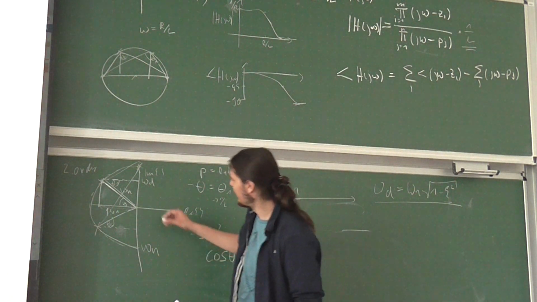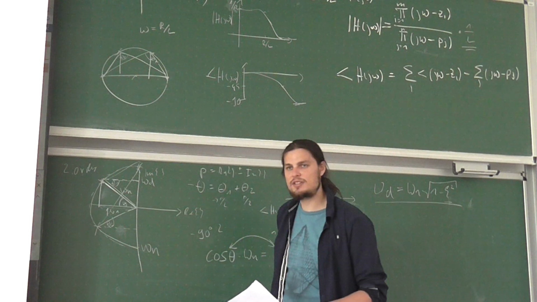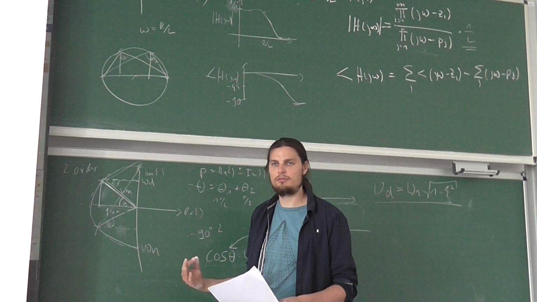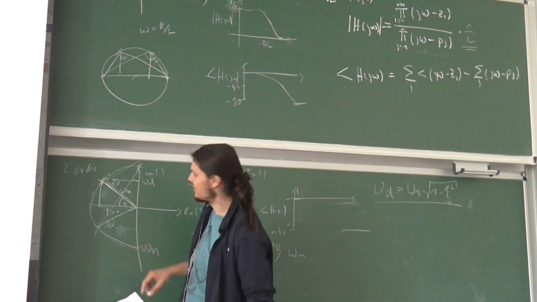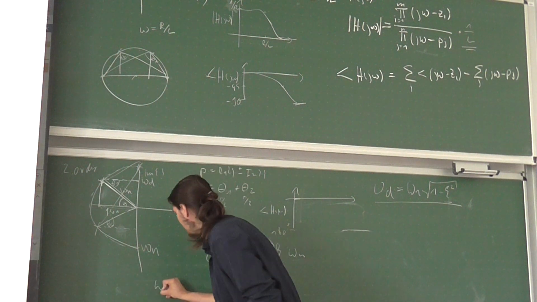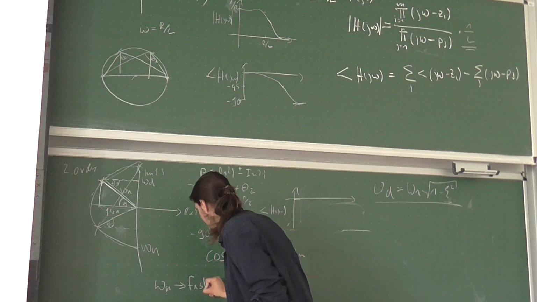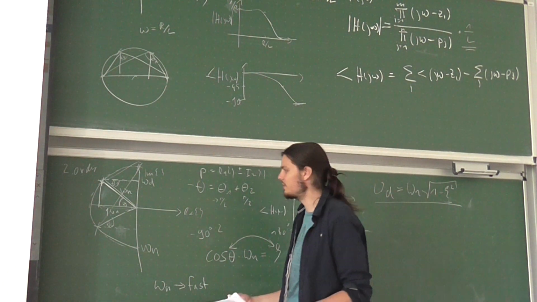Okay, so this angle really is what gives us information about the damping. So the length of this tells us how fast this is. How fast is our eigenvalue, right? Or the frequency, the natural frequency.